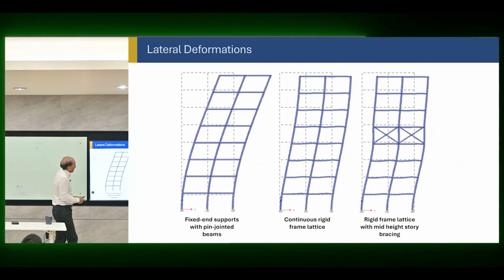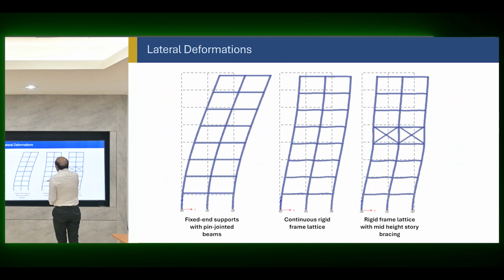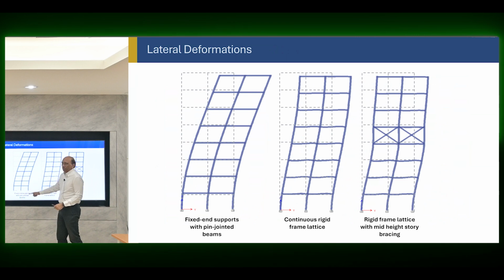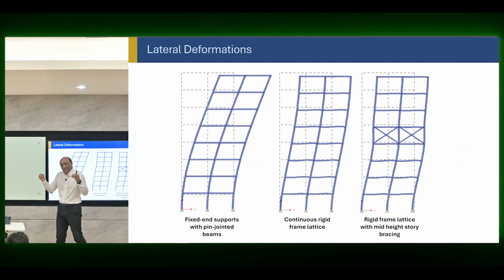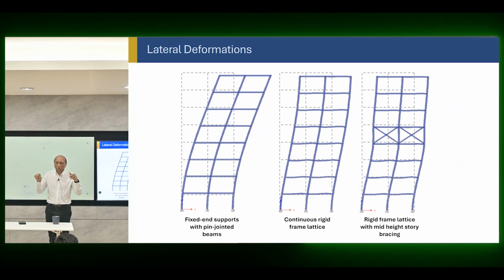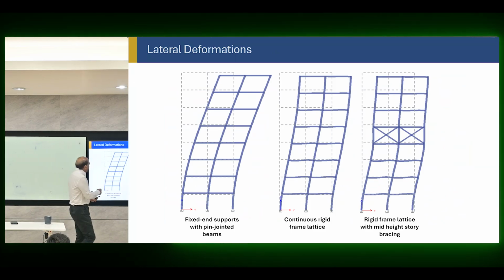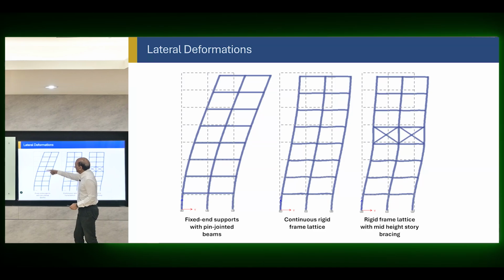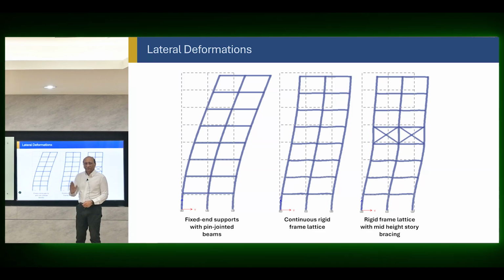And now we can also see that if these are 3 columns connected by pin-ended beams, not rigid beams, just simply supported on the columns, like a concrete column with a steel beam just connected, not a moment connection, not rigidly connected, then these 3 columns will bend independently as 3 cantilevers, and the beams will just move together with them.